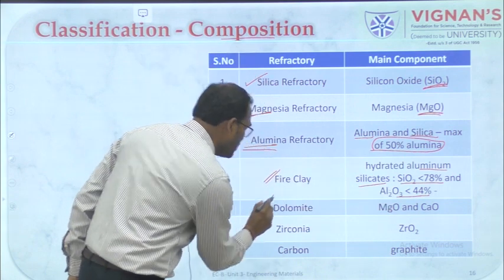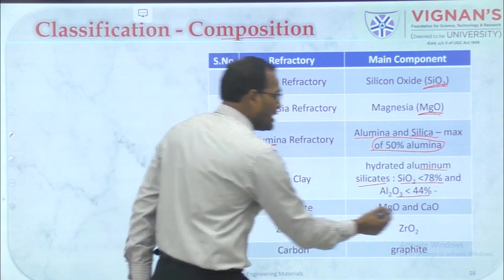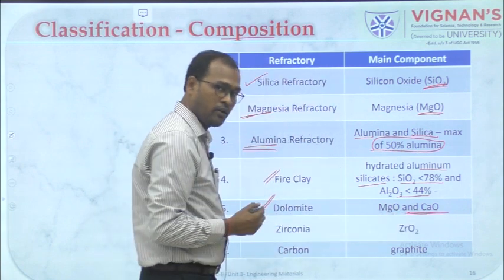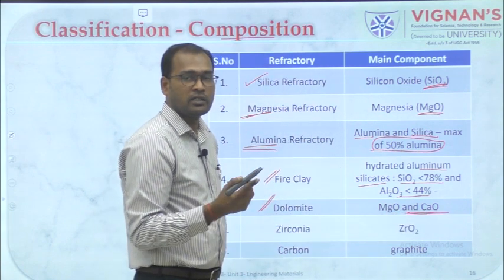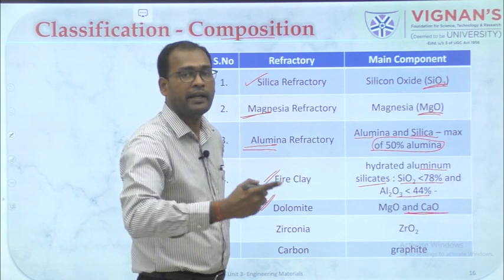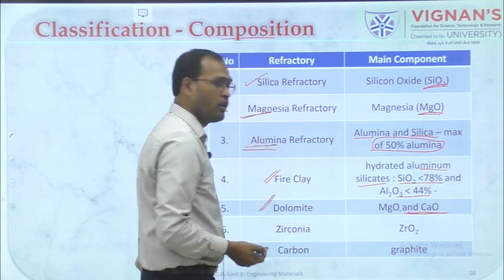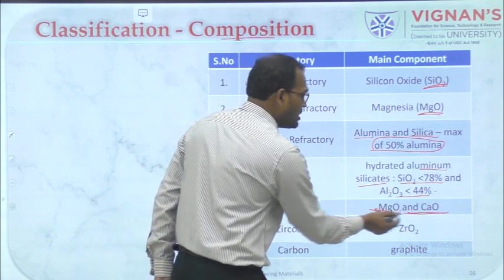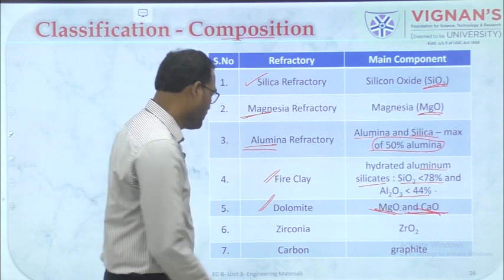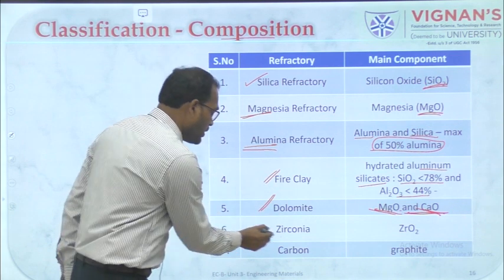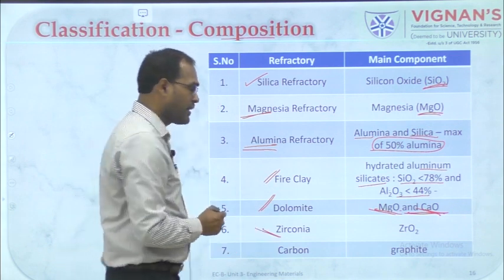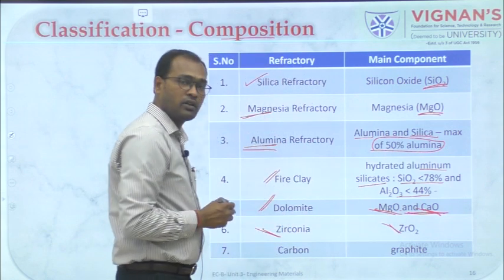And dolomite is a refractory which is a mixed oxide. If you remember the first slide, a metal oxide can be either a single one or a mixture of metal oxides. Here it is a mixture of magnesia and calcium oxide, which is dolomite. And zirconia is another refractory which uses zirconia oxide.